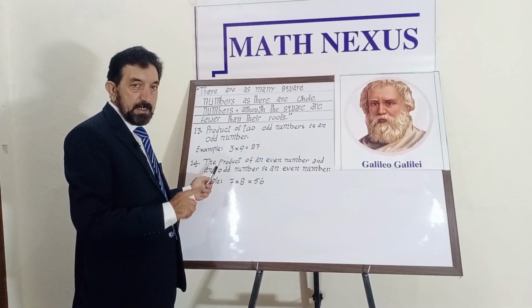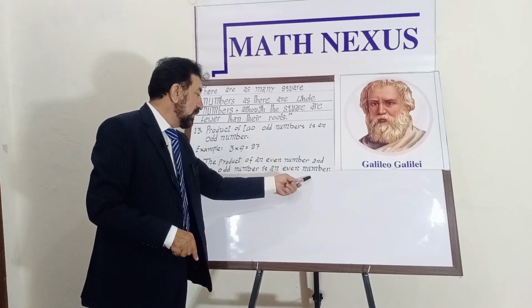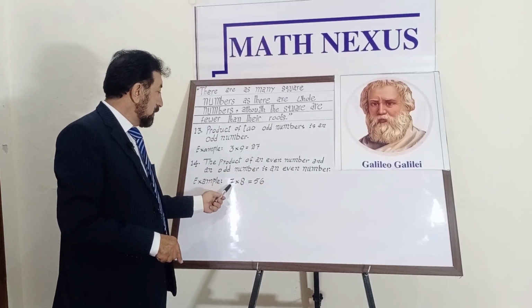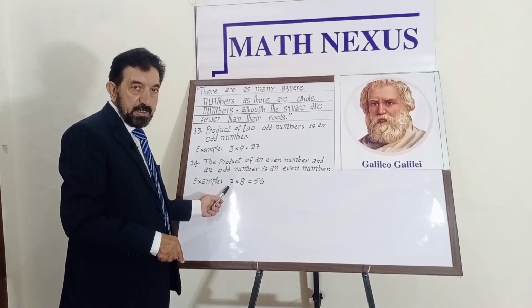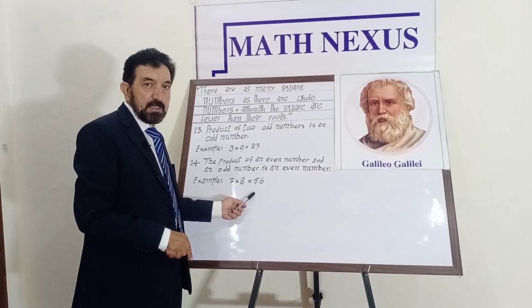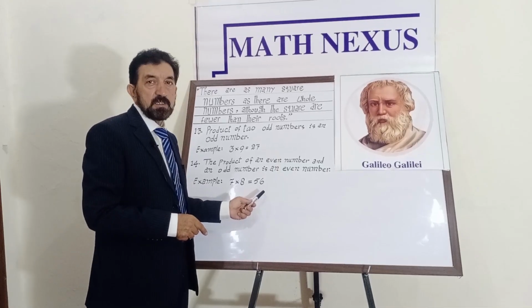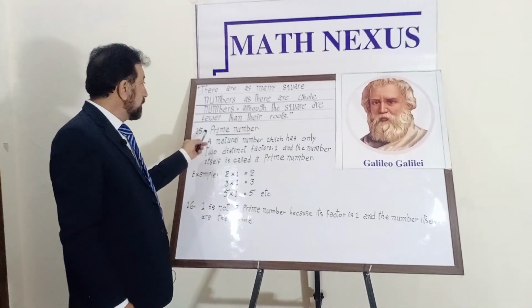The product of an even and an odd number is an even number. Like 7 is an odd number and 8 is an even number and their product, 56, is an even number.